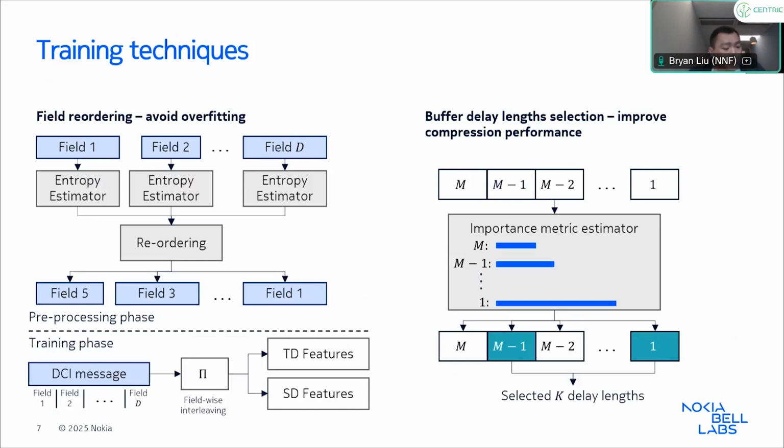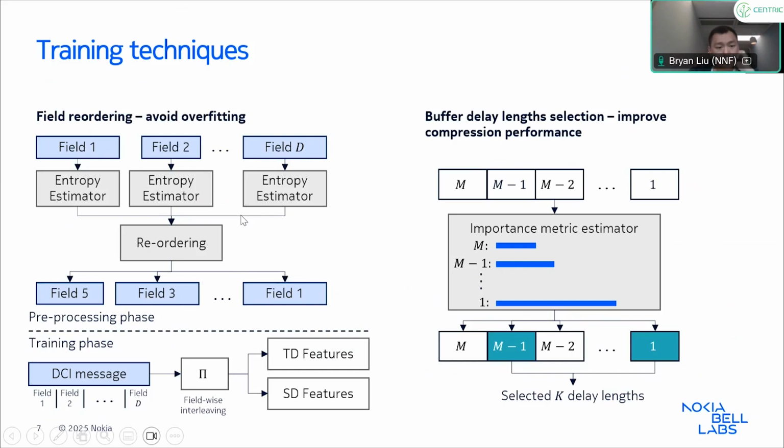So one training technique we found is to interleave the field order based on the entropy value. Instead of just using the default order of the fields within one DCI message, we can estimate the entropy values and then reorder the fields, so that during the training phase of this transformer model, it will not fall into overfitting that easily.